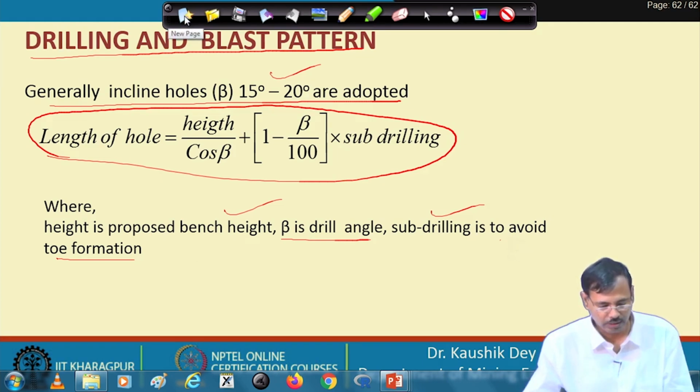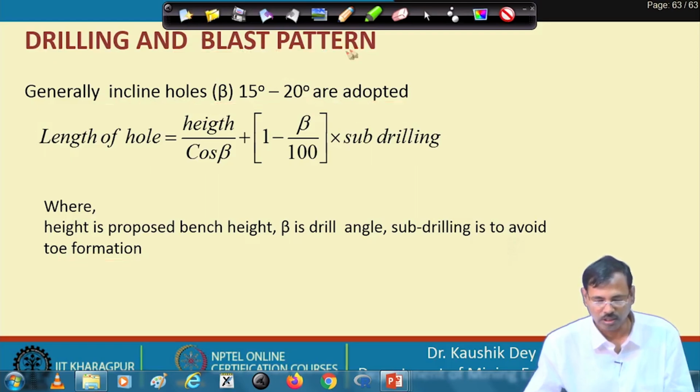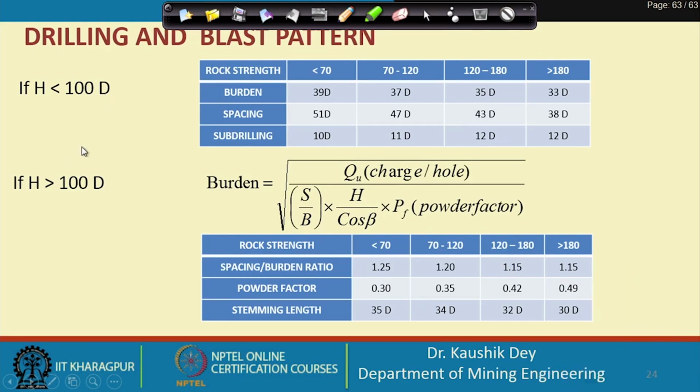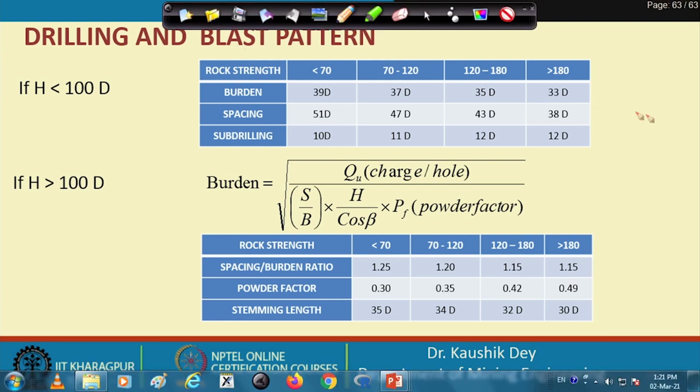So, this is the general concept of determination of the length of hole for drilling and blasting carried out in a box cut, and this is the selection of the burden, spacing, sub drilling depending on the strength of the rock. This criteria is the Langefors-Kihlstrom criteria for the drill diameter and bench height relationship, given for both the cases based on this.